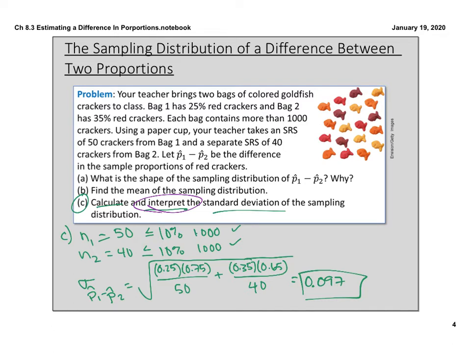Remember that a key piece of this was to interpret. So I'm going to write, I always run out of room, you guys, I'm sorry, so I'm going to write really small up here for my interpretation.